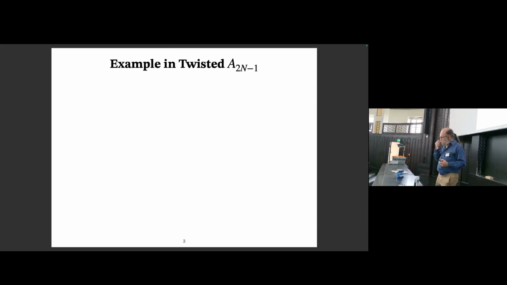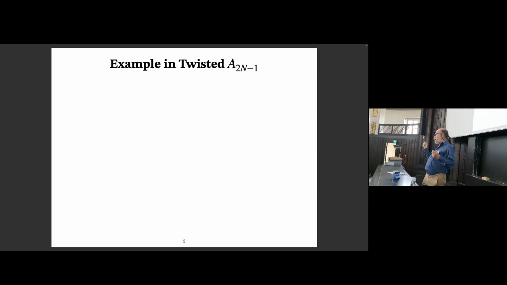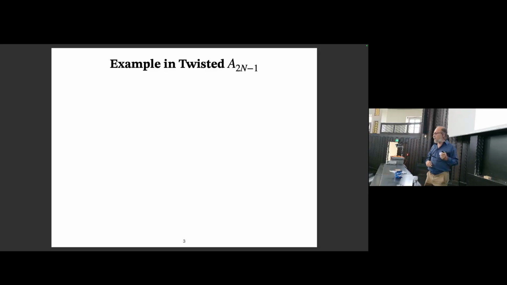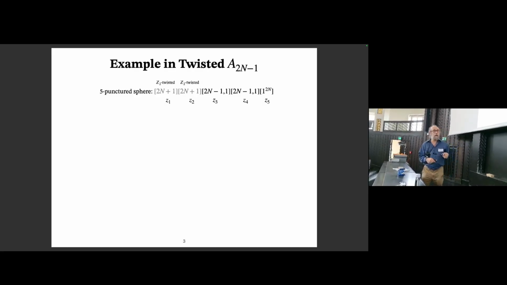So to fix ideas and show you some of the weirdness that can happen, let me start with a particular example, not in type D, but in type A, so the twisted SU(2N) theories. And I'll study not a 4-punctured sphere, but a 5-punctured sphere.